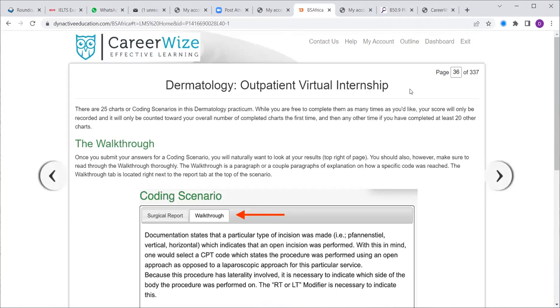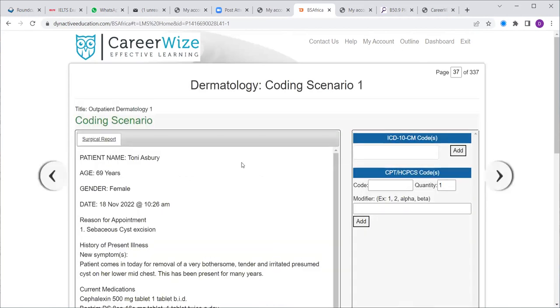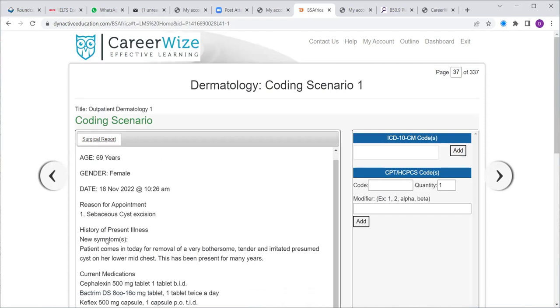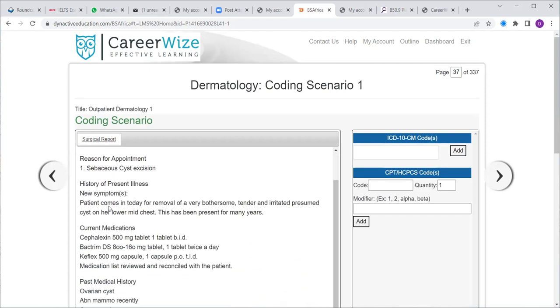Dermatology clinical scenarios. Okay. So from clinical scenario 1, Tony Asbury, 65, female, reason for appointment, sebaceous cyst excision. Very soon you understand everything that is written here. It is no longer going to sound gibberish to you.